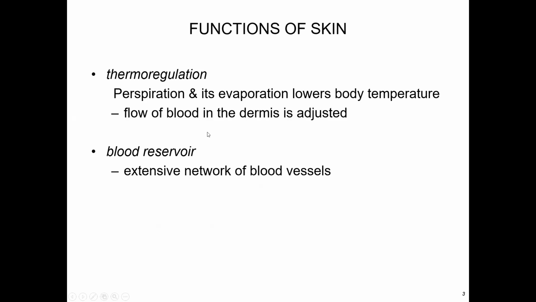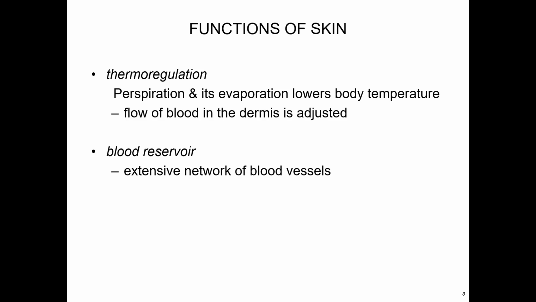Now, if we are overheating, then we can increase the blood flow to the dermis, and this warm liquid will bring more heat to the integumentary system, so we can get rid of more unneeded heat in our body. So blood flow to the dermis is another aspect of thermoregulation.